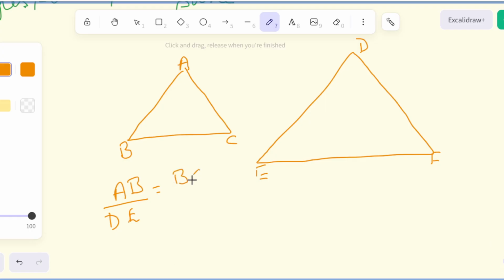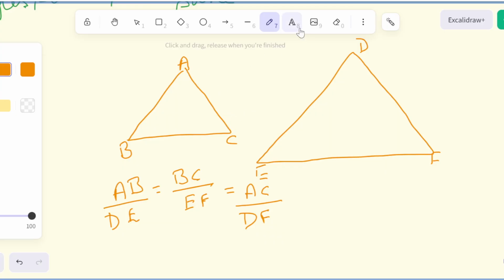BC upon EF, you can write this down, will be equal to AC upon DF. So the side ratios are the same. That's what I was trying to tell.